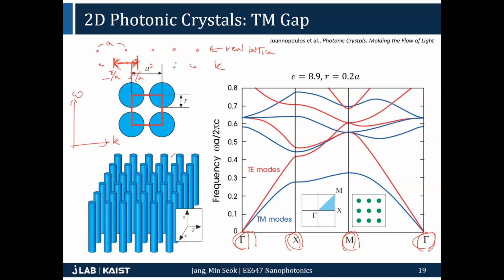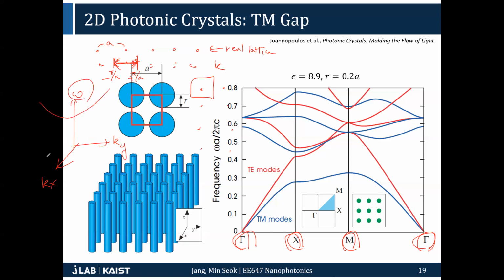But in this case, you have a 2D lattice, so your reciprocal space is also 2D. Your Brillouin zone is just a square in K space. So to draw the dispersion relation of a 2D photonic crystal, you draw Kx, Ky, and omega.